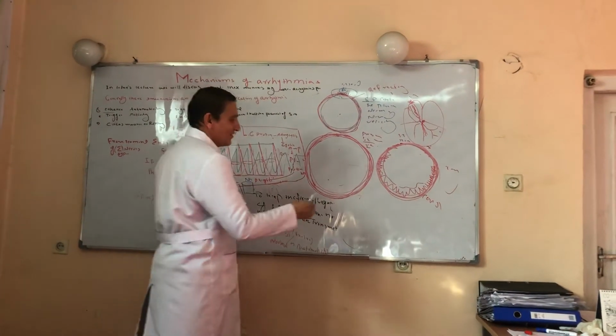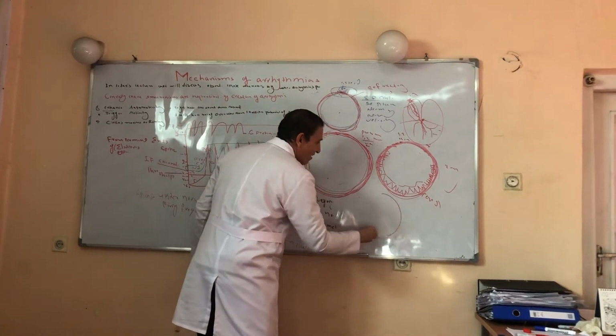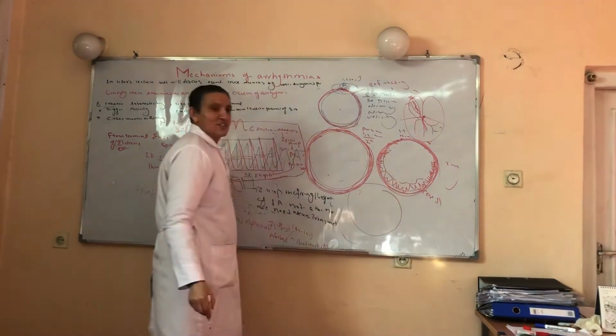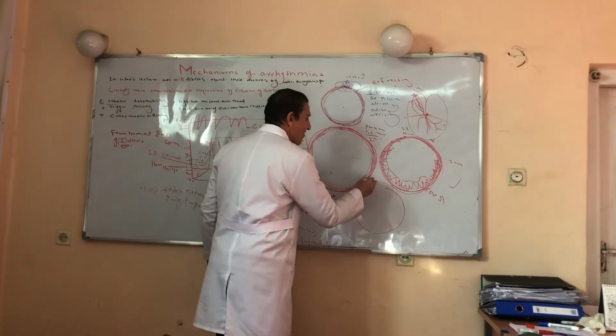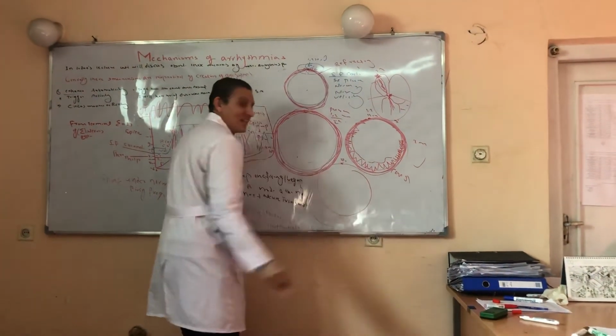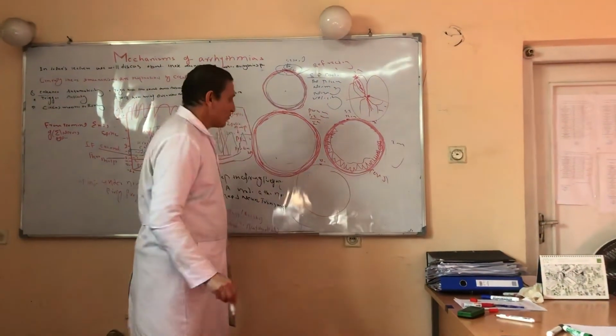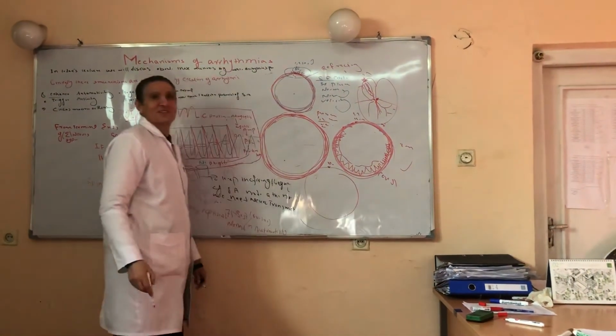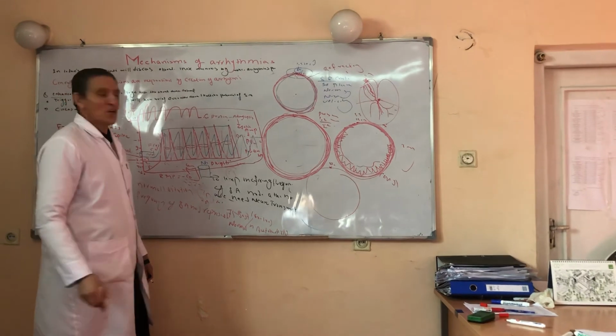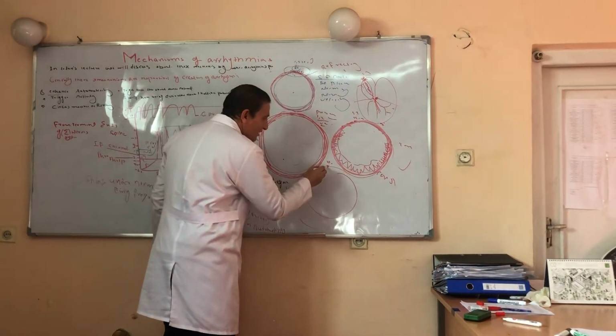This time what will happen? This time the length is constant, the speed is constant, but the refractory period is very short. For example, here we want to stimulate this area.